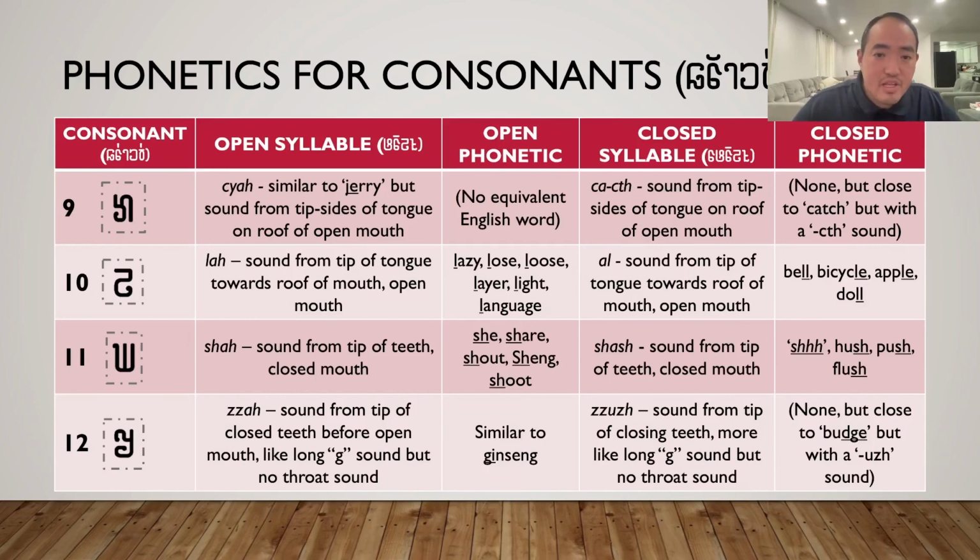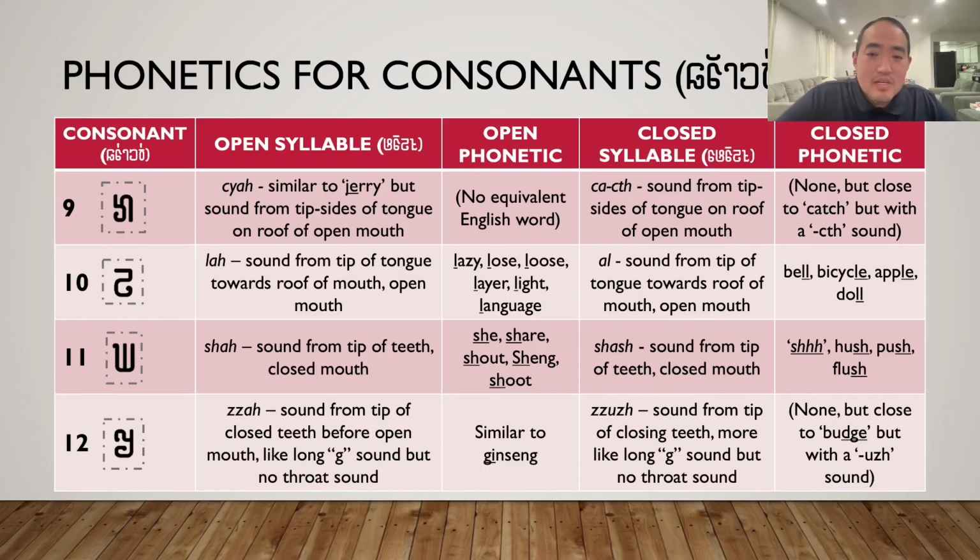It's almost kind of like a long G sound, but it's not really a guttural or throat sound. It's kind of similar to ginseng, but not really. That's the closest. I guess it's like the DJ in Jin or Django. I guess it's closer to that.